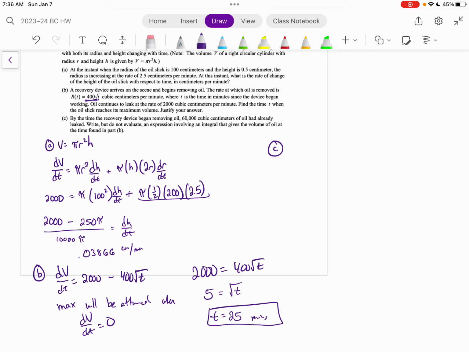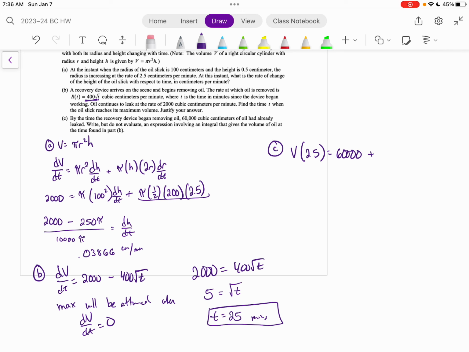So the volume at 25. V of 25 has got to be this 60,000. That's sort of what was in there, right? Plus 2,000 times.